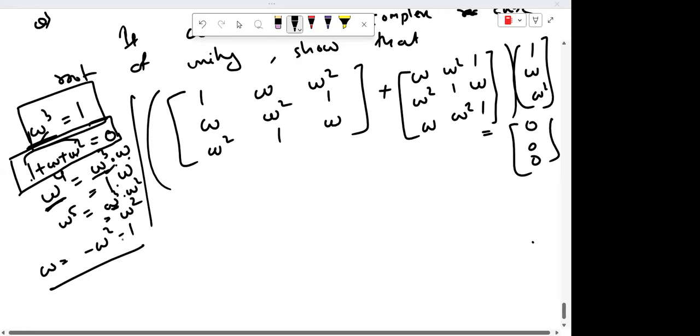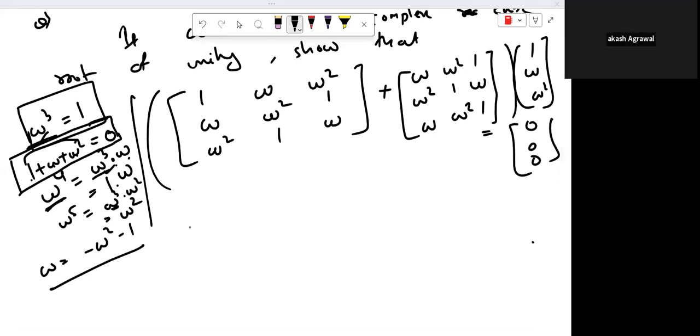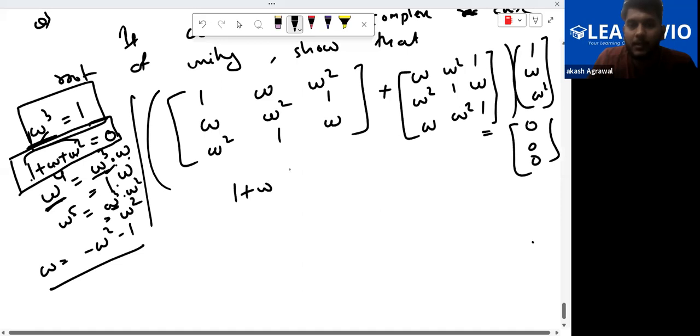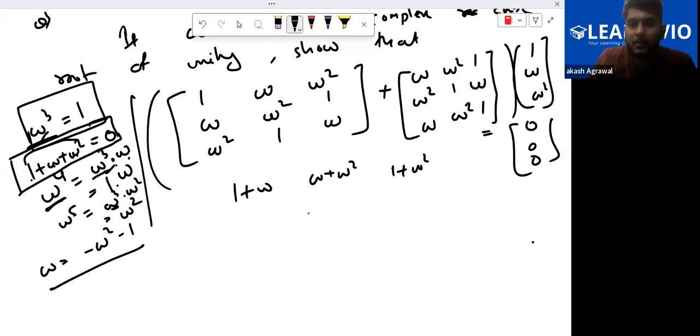So I'm getting -1 minus omega. Okay, let me solve this. If we add this, we'll get plus omega, and this is omega plus omega square, and this is 1 plus omega square, 1 plus omega, and omega plus omega square, 1 plus omega square, 1 plus omega.